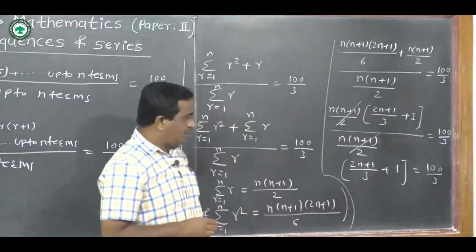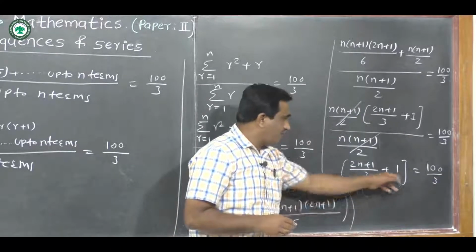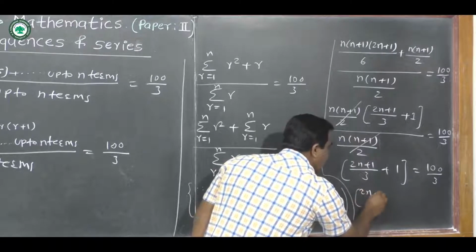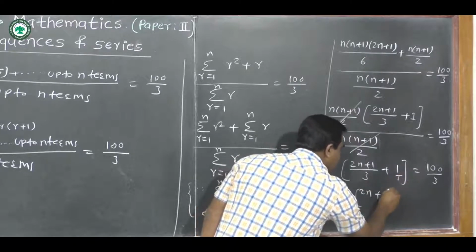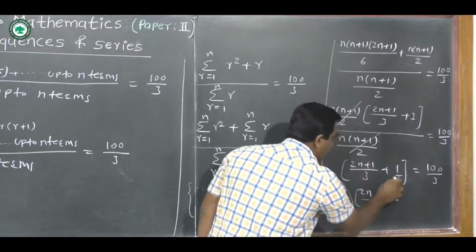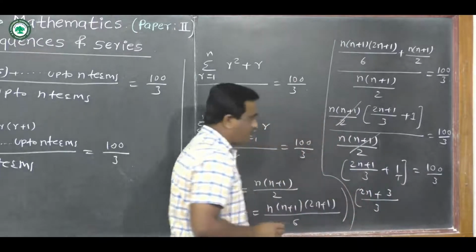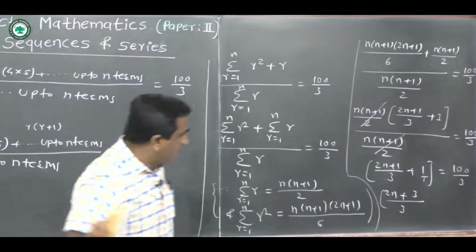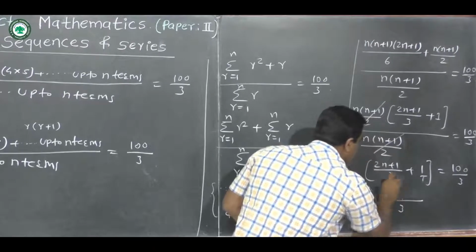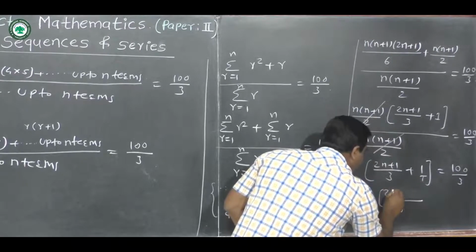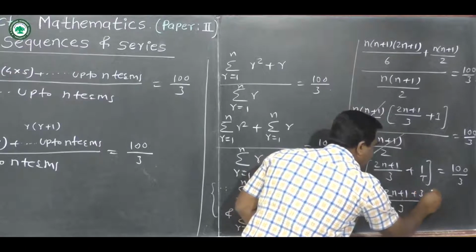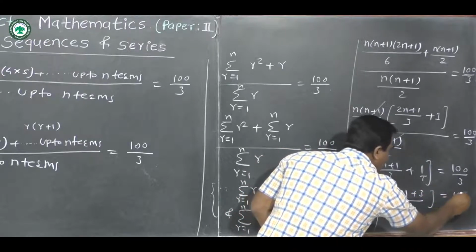Now we can take the addition of fractions here, that is 2n plus 1 plus 3 upon 3, which gives 2n plus 4 upon 3 is equal to 100 upon 3.